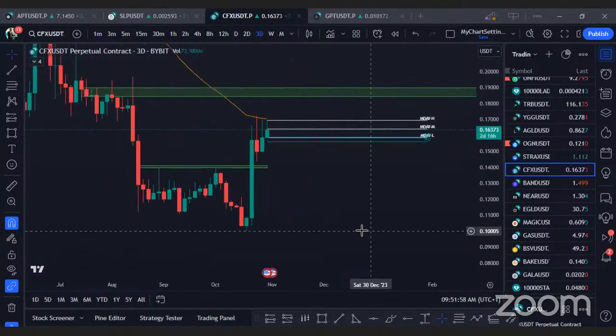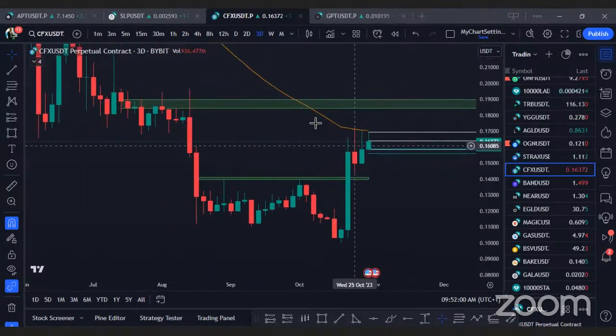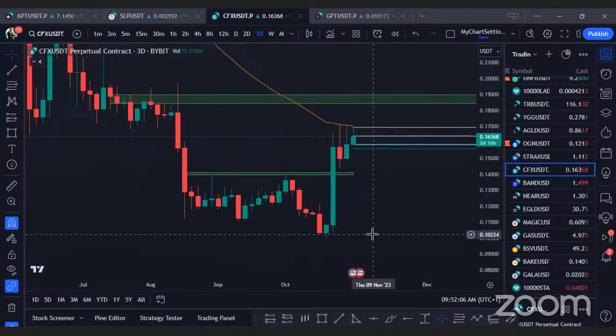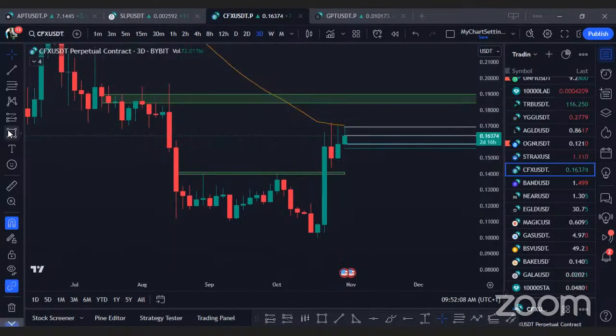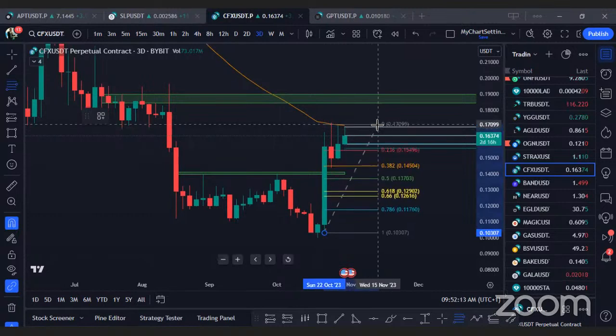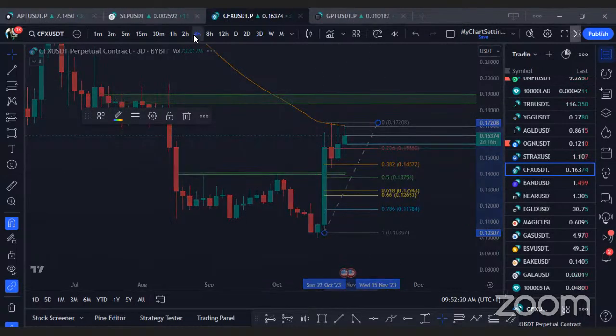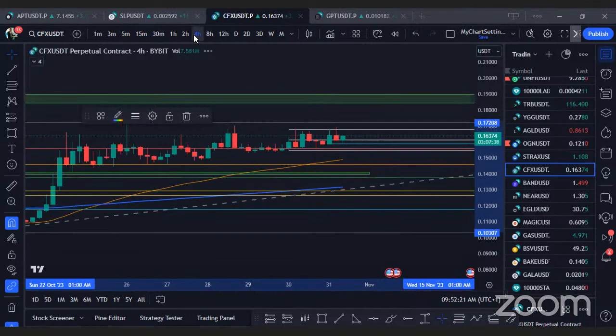Currently we are just at that 50 moving average, which could serve as a support here. Let's see if we can have a rejection back. From here, if we do have a rejection back, then even to the 382, with the 382 level, we should be looking for a long setup for this trade.